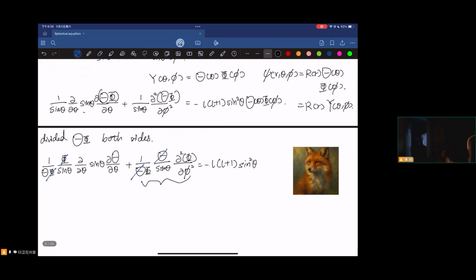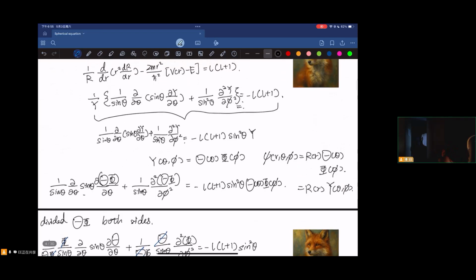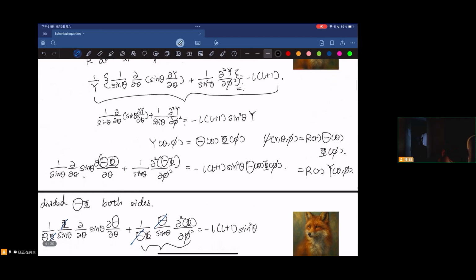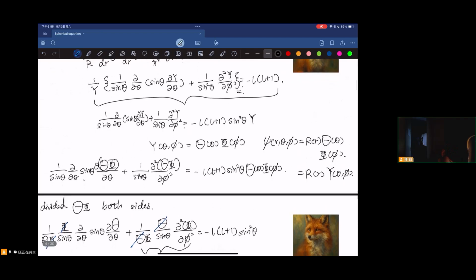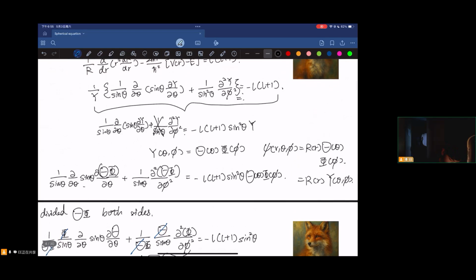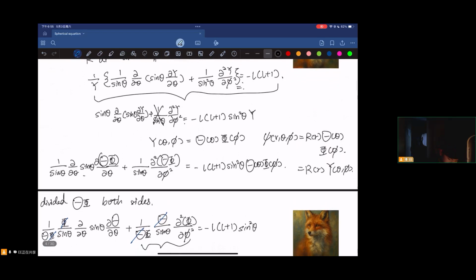Wait a minute, I think something is weird here. I multiplied both sides by sine square theta, but I didn't multiply it here. So the sine square theta would cancel, and here it will become sine theta. Is that right? Yes, that's right.